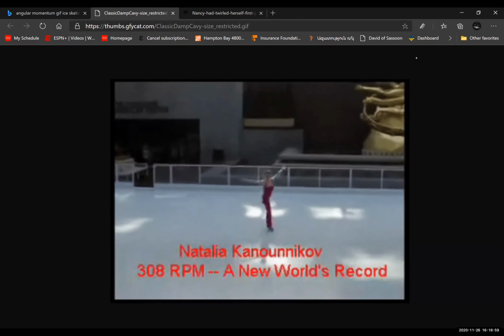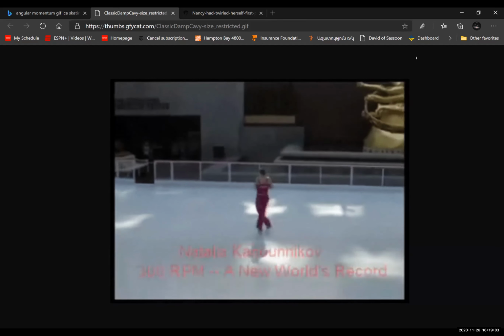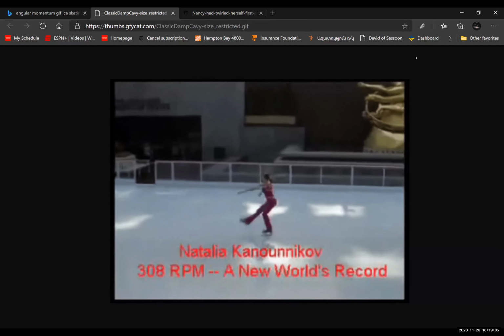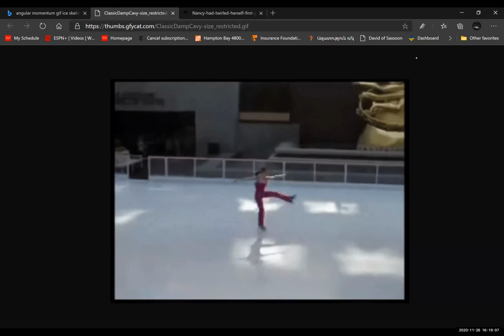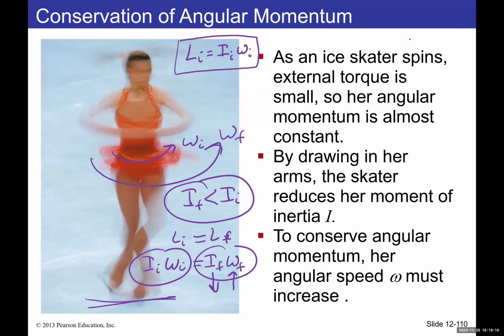Perfect example of that. You can see again, angular velocity starts increasing as she decreases her moment of inertia. So that's basically what we have. To conserve the angular momentum, her angular speed must increase.